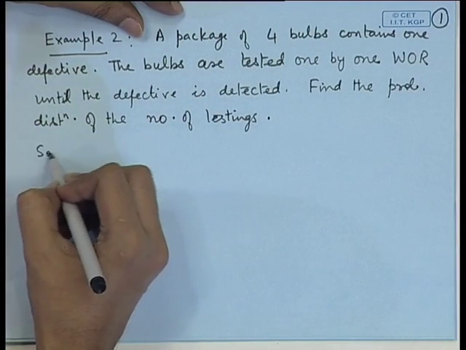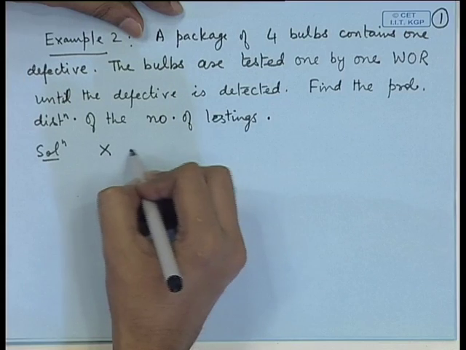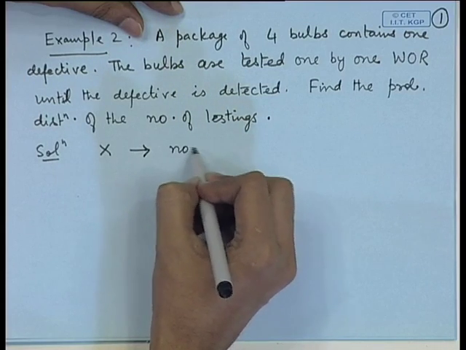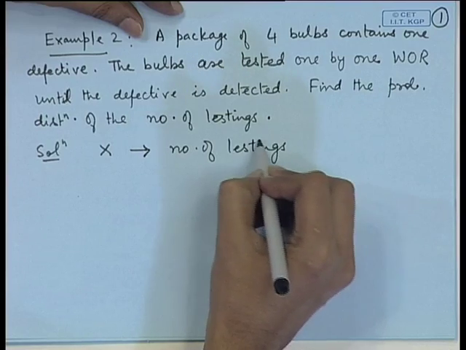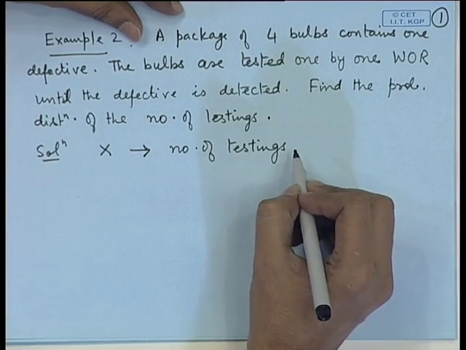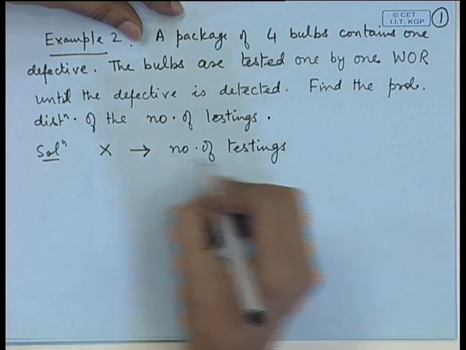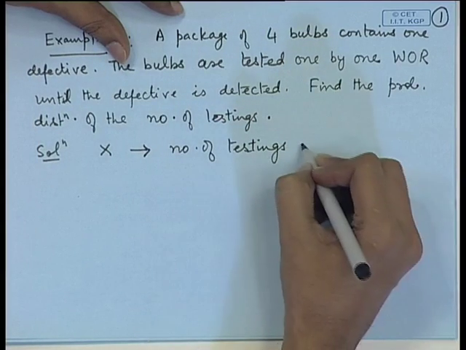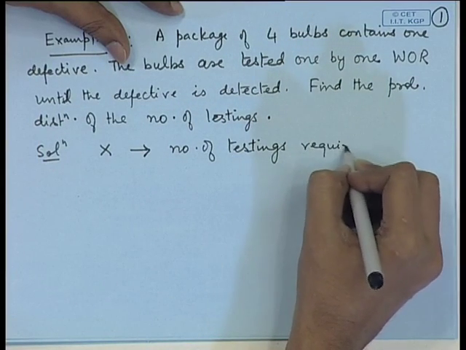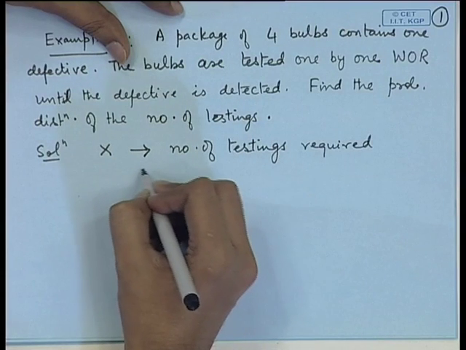So, let X be the random variable which denotes the number of testings. Once we outline a random variable, the first thing is we should look at the set of values that the random variable can take.